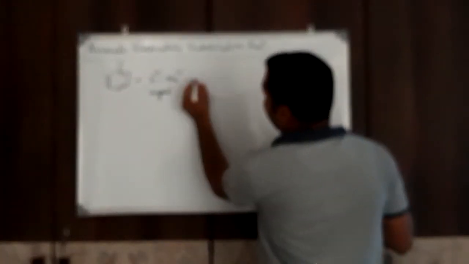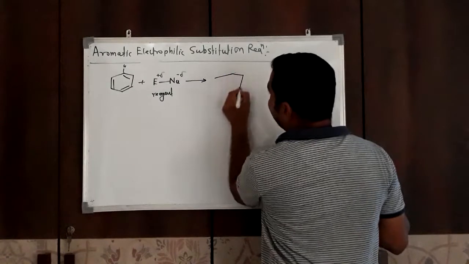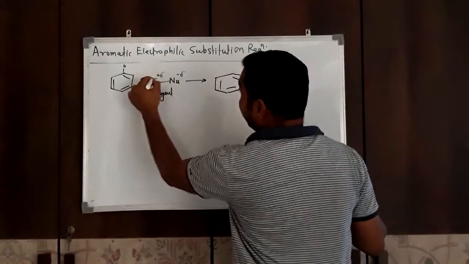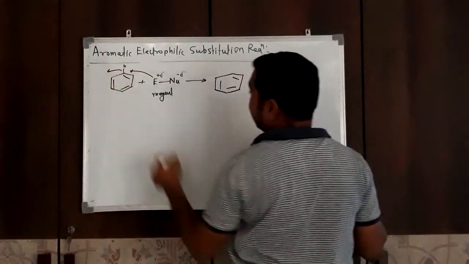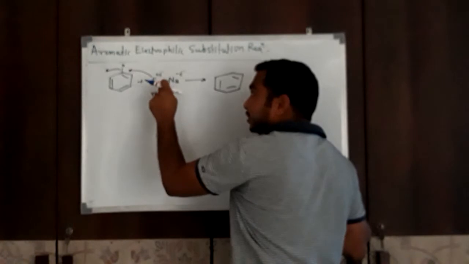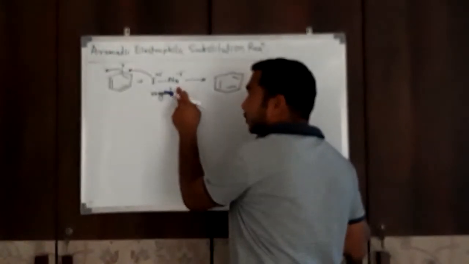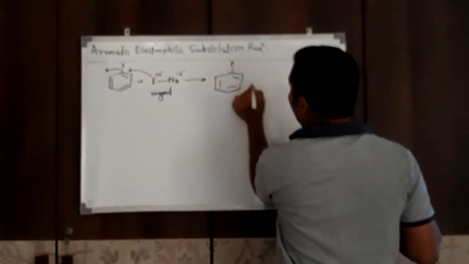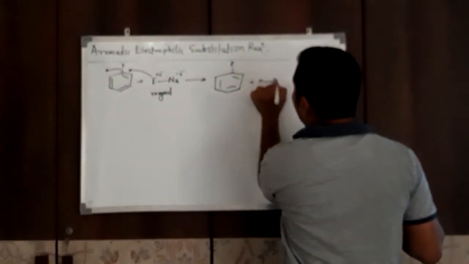This positive part of the reagent, that is E plus, is going to replace H plus, because the benzene ring is negative, so only E plus will attack. Nu, the negative part, will not attack because it is negative. So this gives this type of product, and H combines with Nu, that is the side product. This is the monosubstituted product.